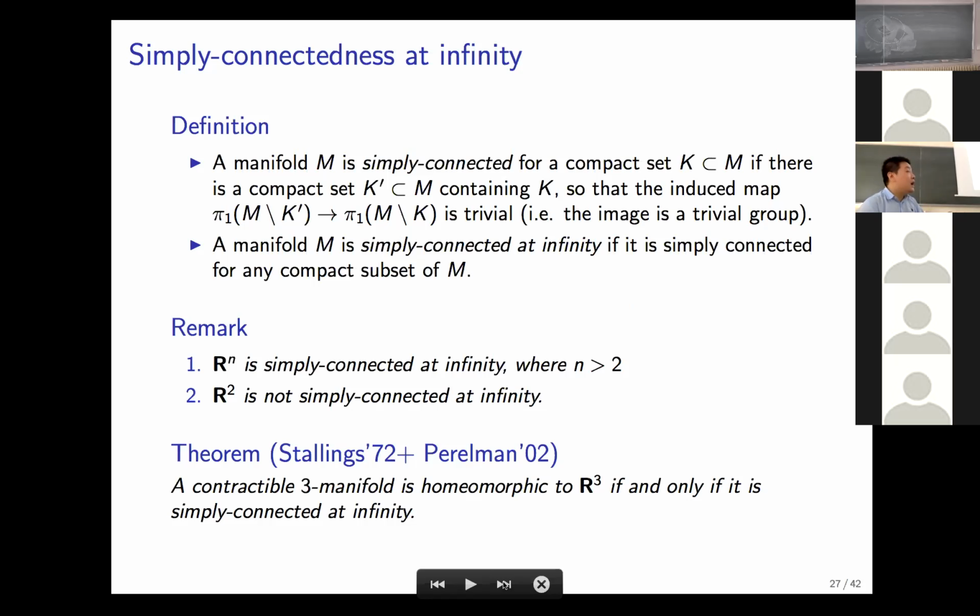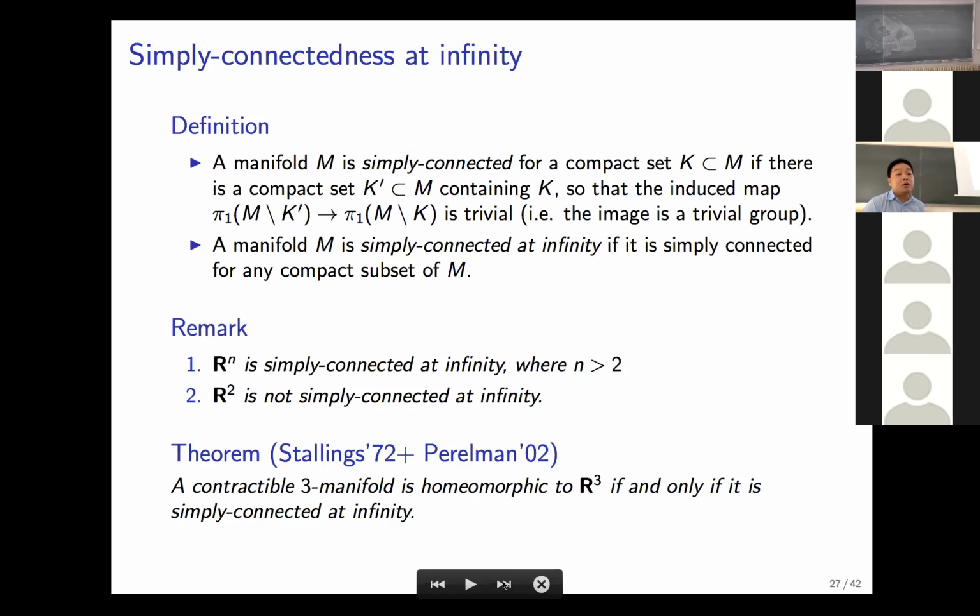That means any closed curve outside K' is contractible in M minus K. So a manifold is simply connected at infinity if this holds for any compact subset of M.